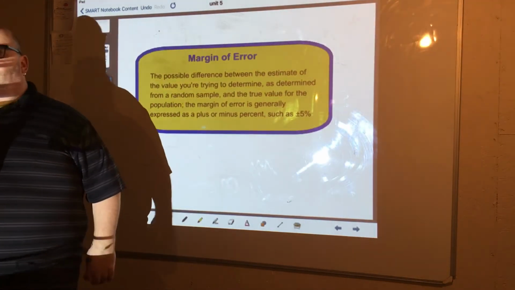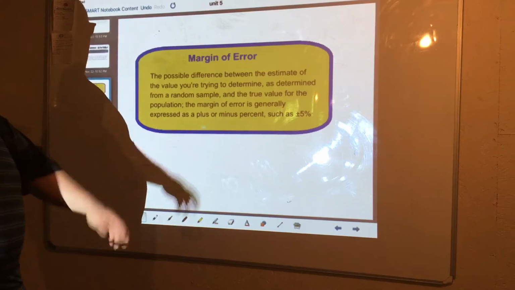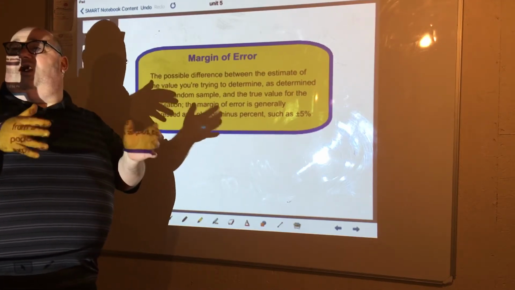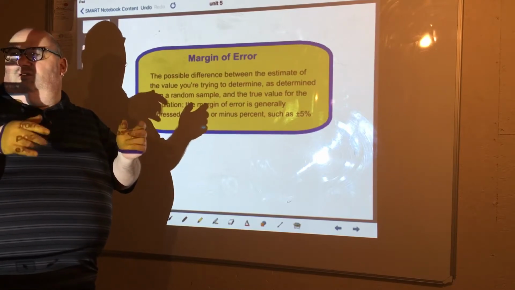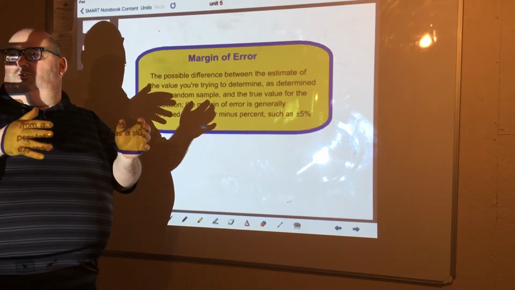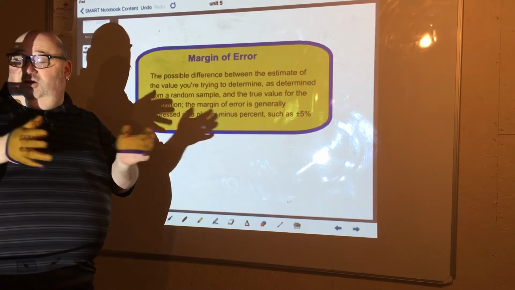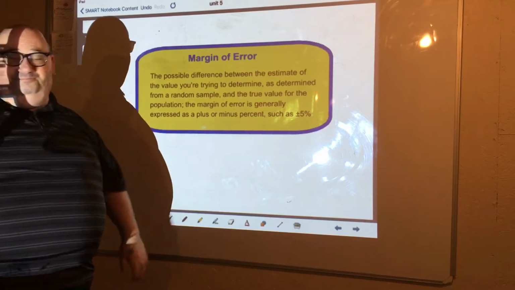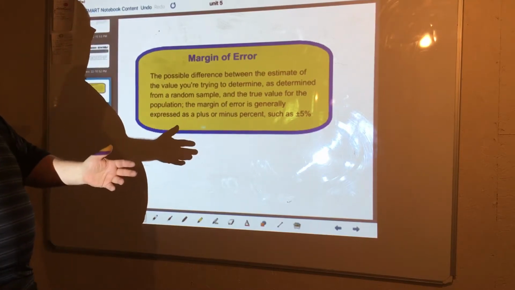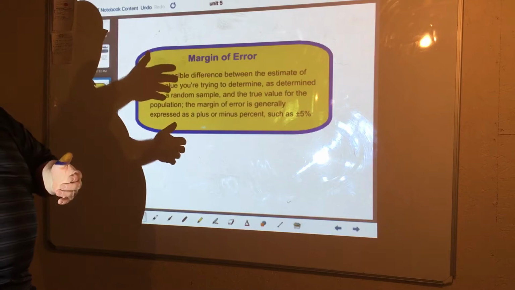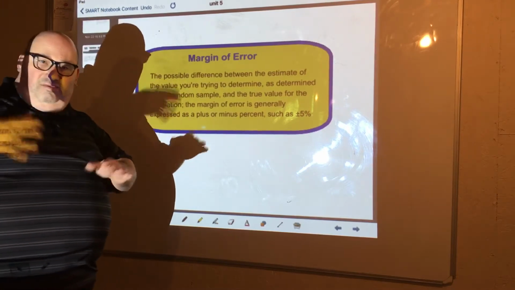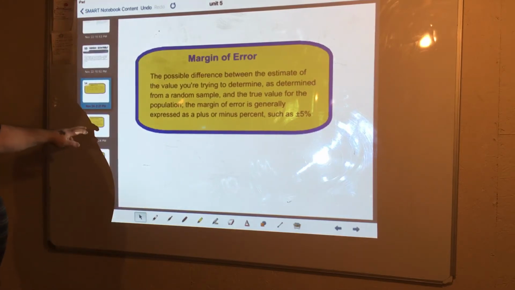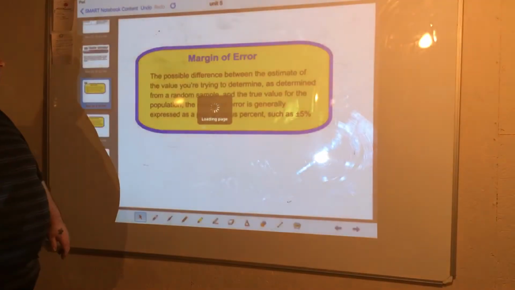So if I tell you that this brand of light bulbs will last 108 hours, plus or minus 5%, well, that means some of them will last a little less than 108, some will last a little bit more than 108 hours, yeah? Plus or minus 5% of that. So 108 times 5%, add that to the 108. 108 times 5%, subtract that from the 108, yeah?